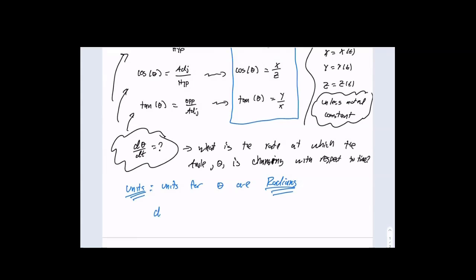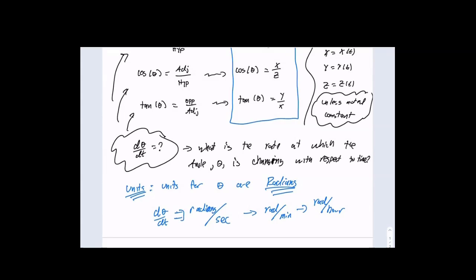So dθ/dt is radians per second, radians per minute, radians per hour. So the units for dθ/dt are always radians per time.